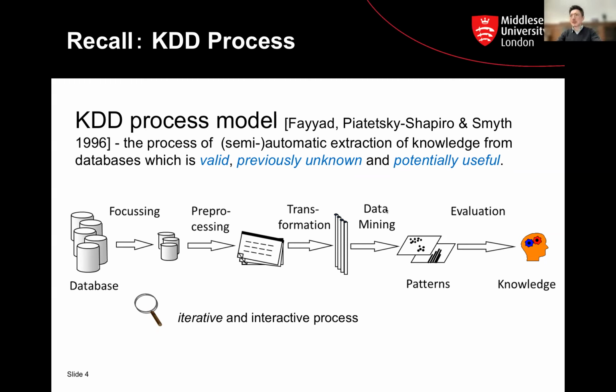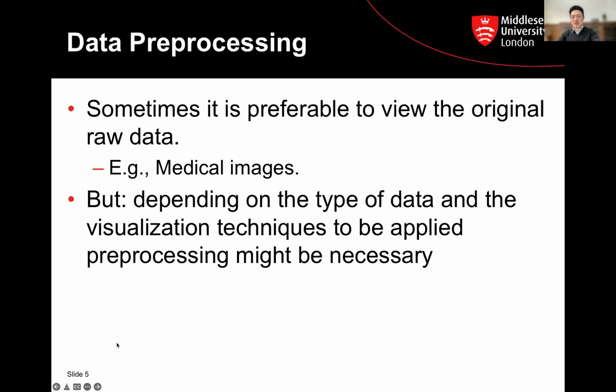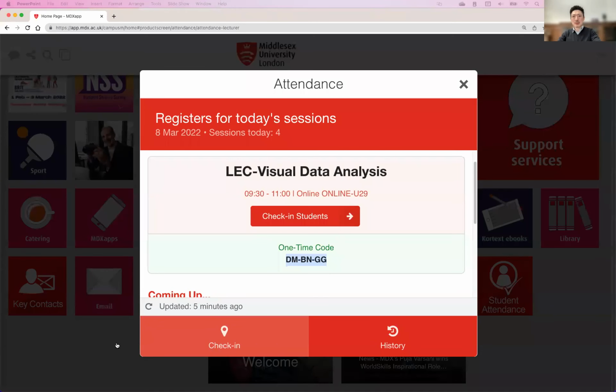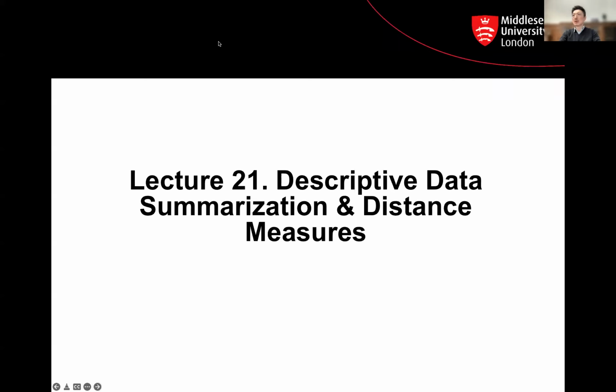Okay, and let me now switch to this week's slide. And so this week, we're going to talk about the descriptive data summarization, which is essentially the different statistics you have on data, and distance measures.